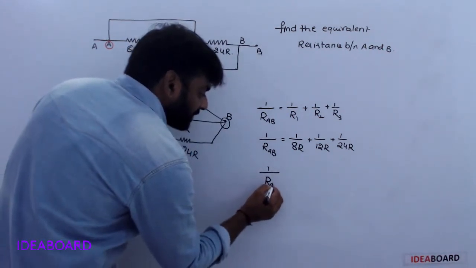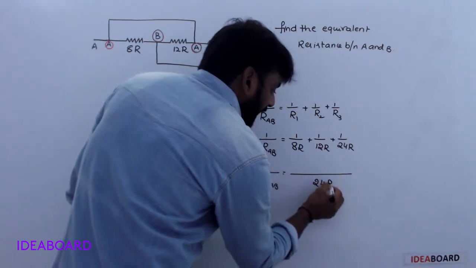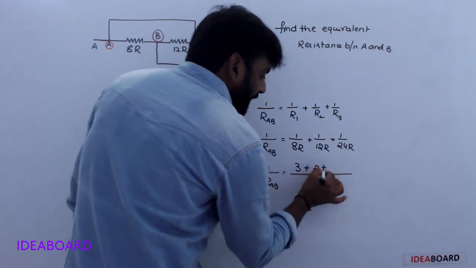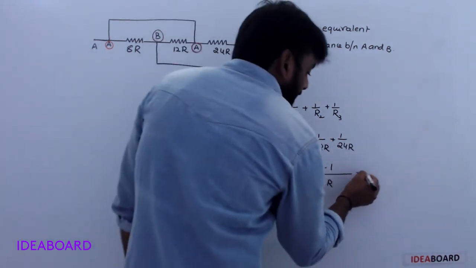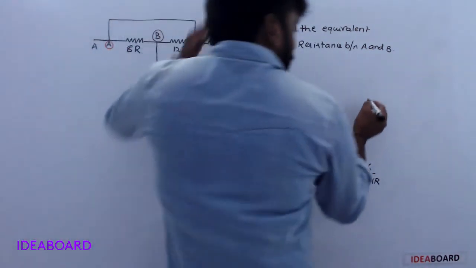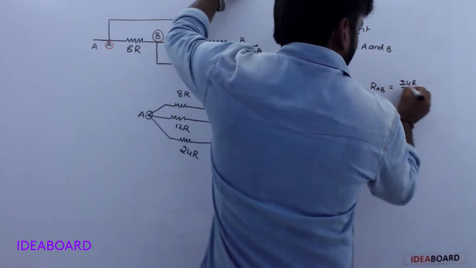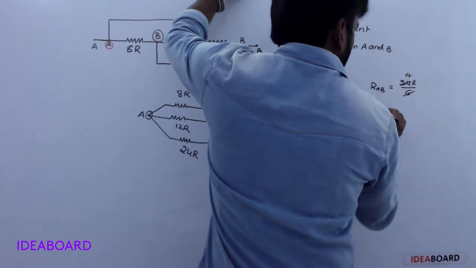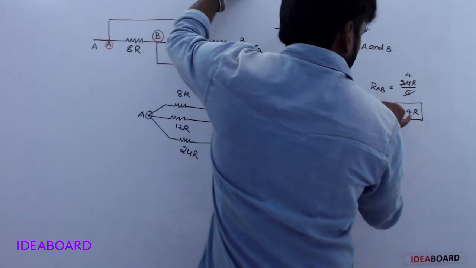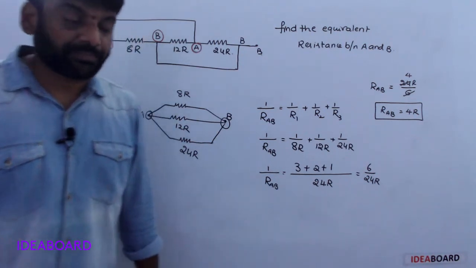Over 24R, that is 3 plus 2 plus 1, which is 6 by 24R. Now R suffix AB equals 24R by 6, which is 4R. Understood?